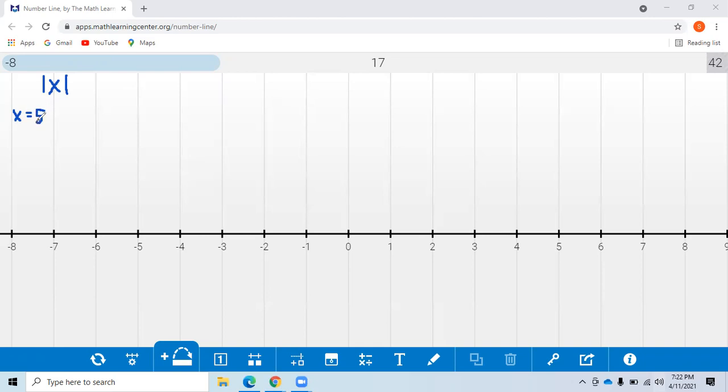So what I need to do is substitute 5 into my absolute value for x. So I'm going to write my absolute value. Instead of an x, I'm going to write the 5. I have the absolute value of 5. And I can see it is 5 units from 0, or it is equal to 5.